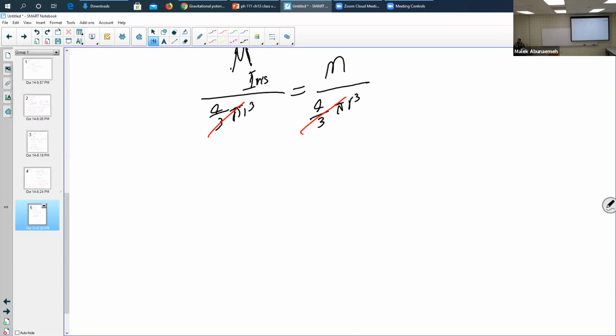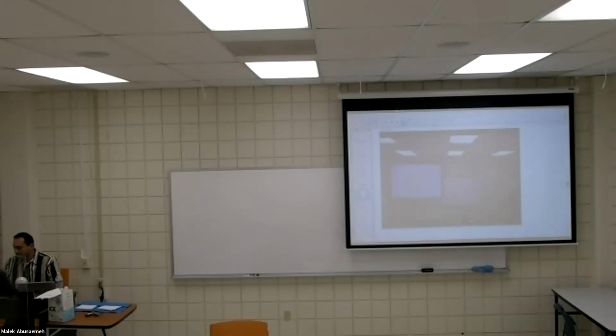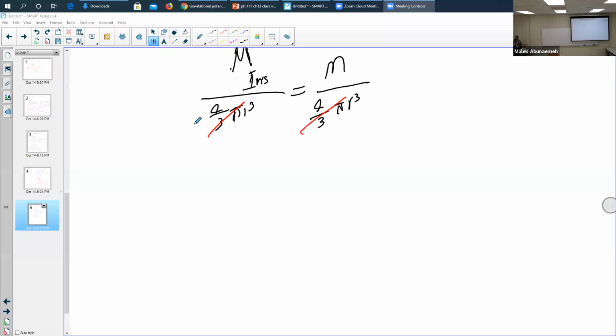Hold on, my pen stopped working for a second. Okay, I had to go change the pen. My first pen stopped working. So where were we at? All right. So taking the 4 over 3 pi, we had r cubed over here because it's volume.